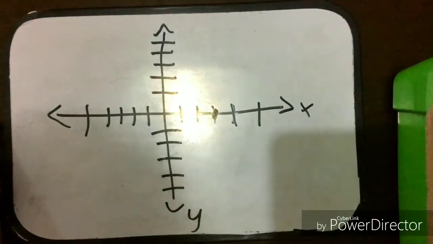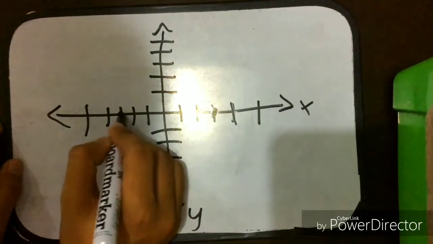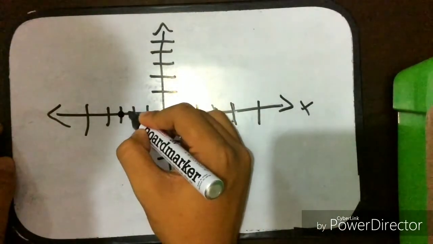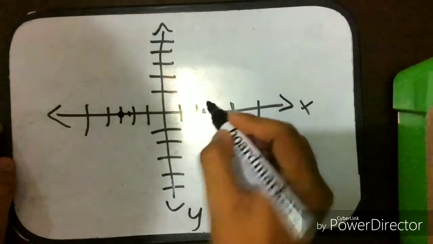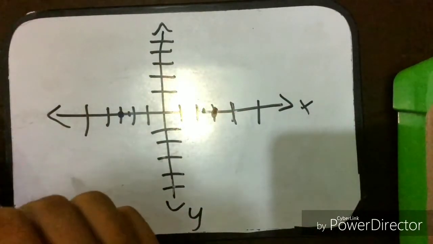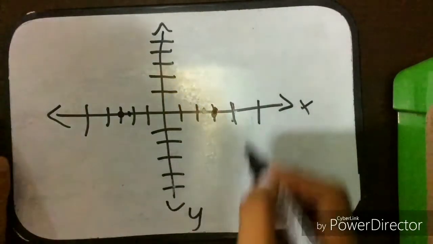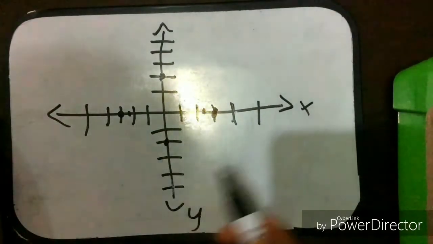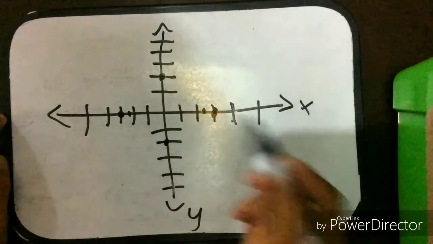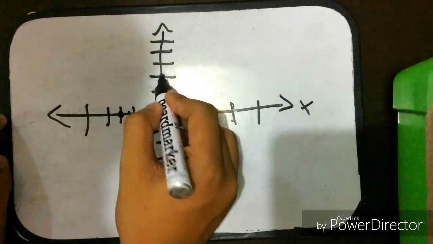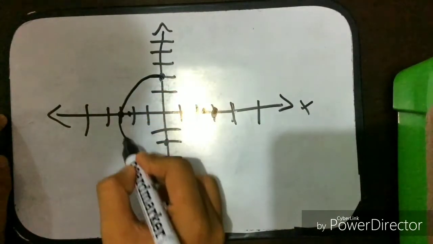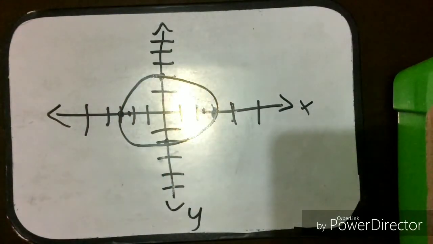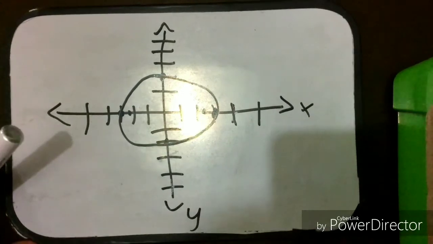And the other vertex is negative 3 and 0. So the foci are 2.24 and negative 2.24. So the endpoints of the minor axis are 0 and 2, and 0 and negative 2. So form the oval shape. Now, this is the ellipse.